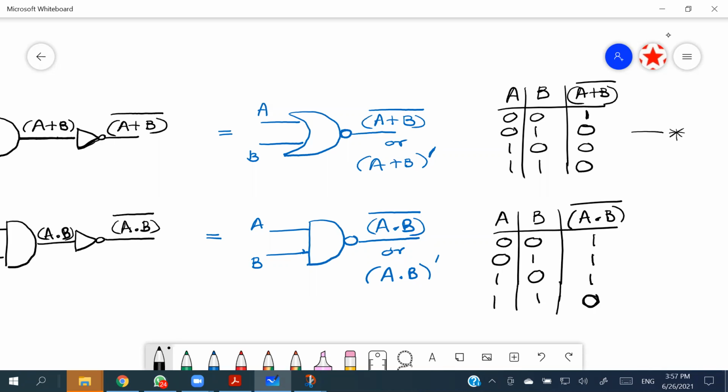There is a bar on top. So 1 plus 1 is 1. Once it is inverted, 1 becomes a 0. Got that, Ravindu? Right, great.